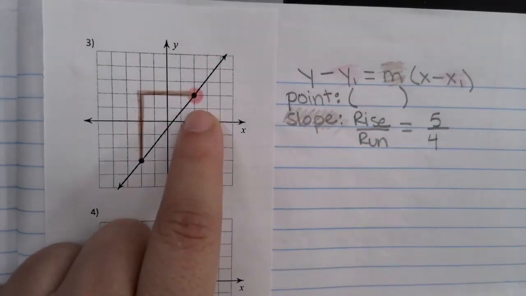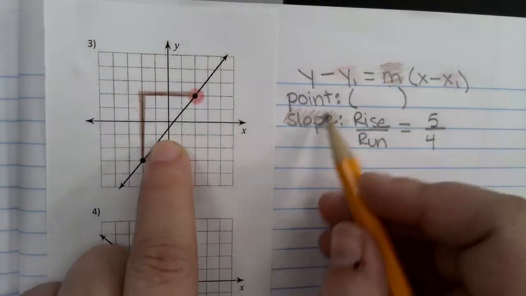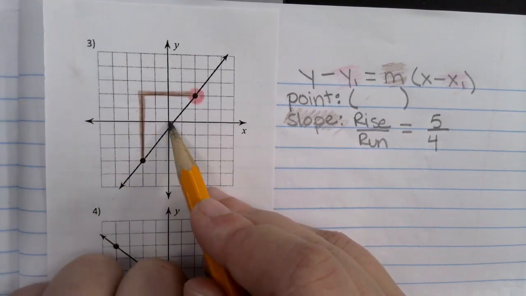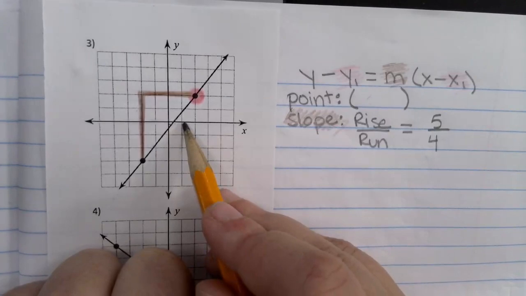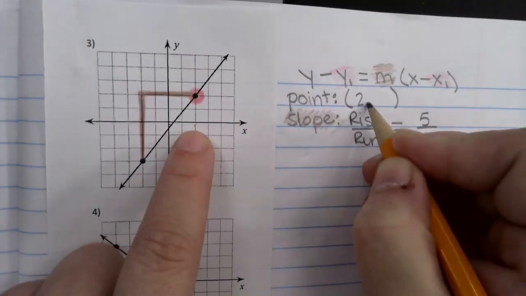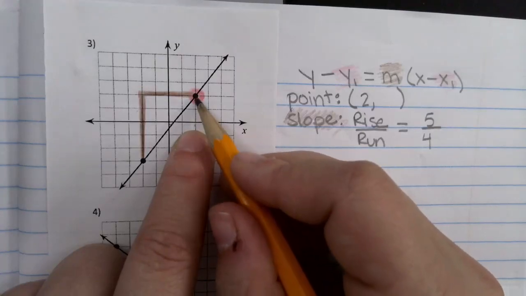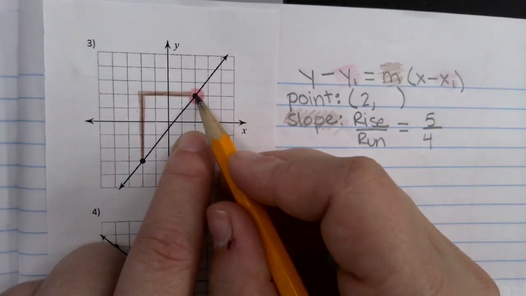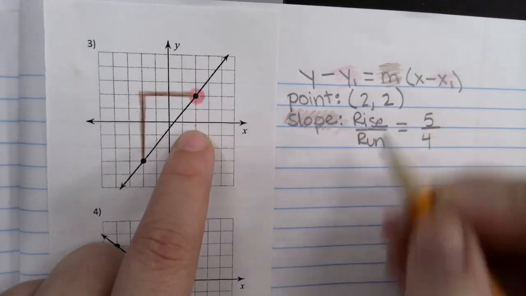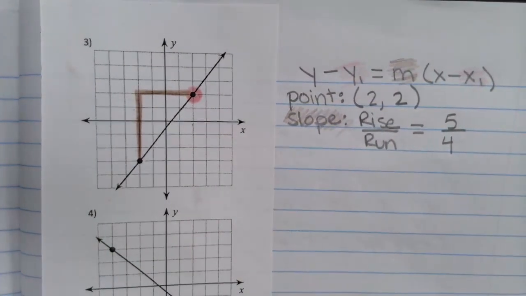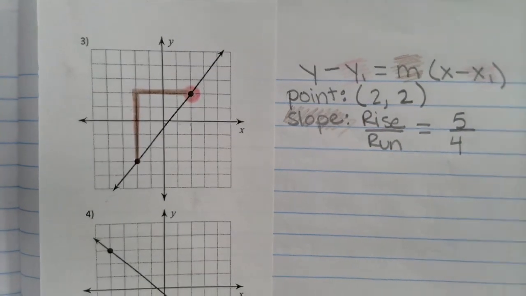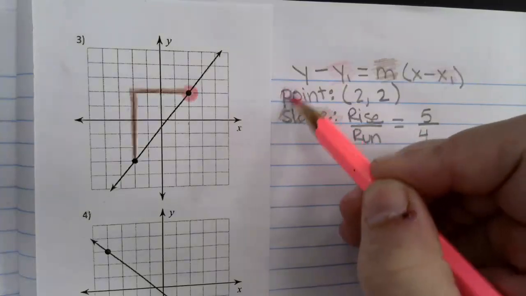Alright, so for this point, from the origin, I need to write down what my ordered pair is. So from the origin, it goes right 2, and then it goes up 4. 2, 4. So now I'm ready to write my equation for my point slope form.